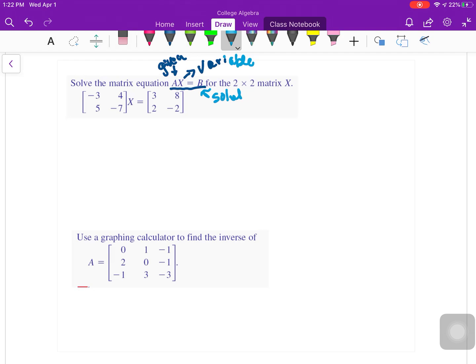And matrix B is your solution matrix. So anytime you see the notation AX equals B, we want the given matrix times the variables equals the solution. What I mean by the given matrix, maybe I should say it as the coefficients.